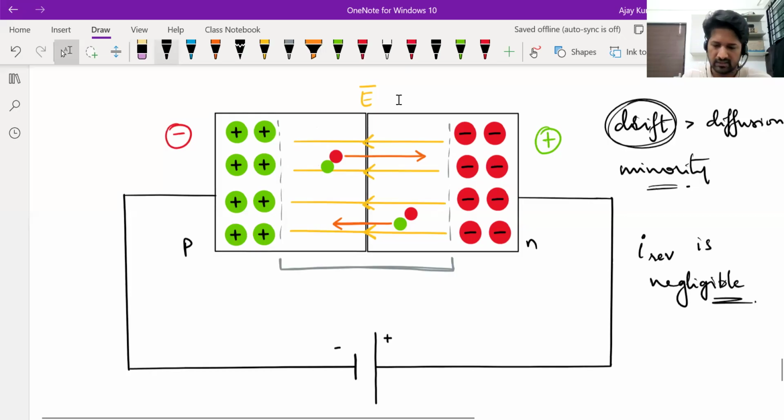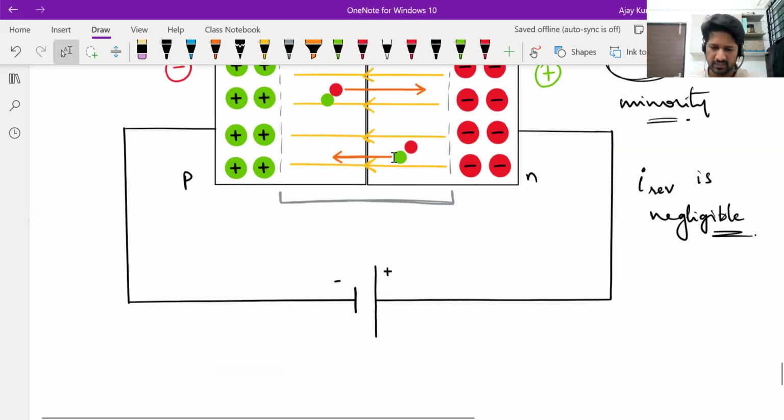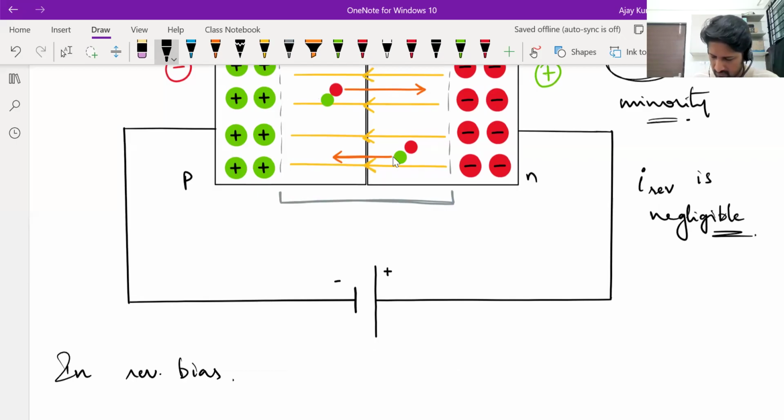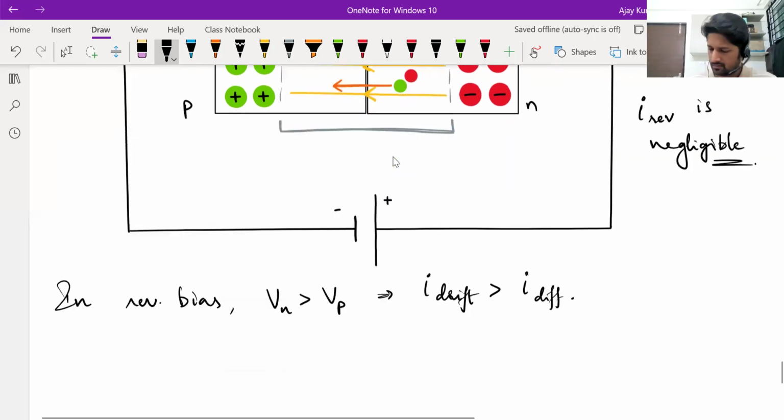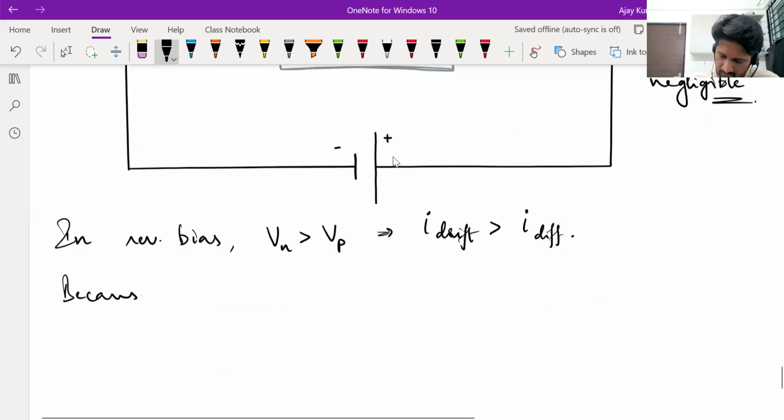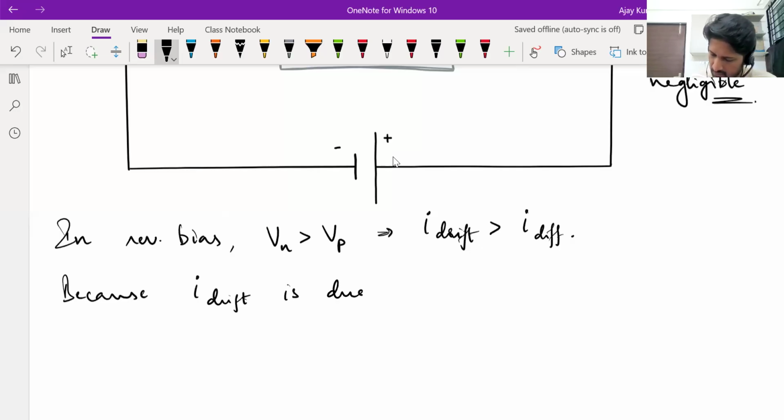But it's important to understand another thing here. Okay, let me write this first. In reverse bias, potential of the N side is greater than potential on the P side. That means drift current will be greater than diffusion current. And because drift current is due to minority charge carriers, it is negligible.